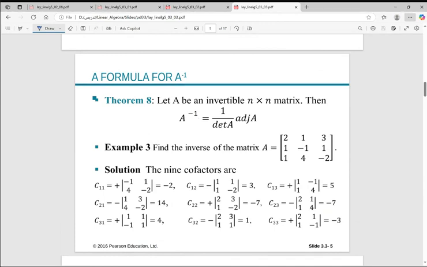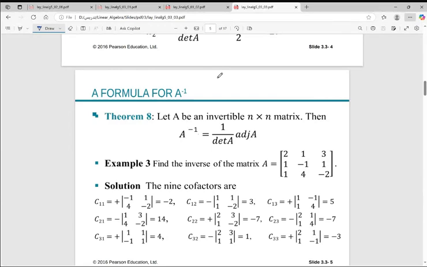What is the cofactor matrix? The cofactor matrix is a matrix C whose ij entry is Cij. So what is Cij? Can someone remember what Cij is? That's the cofactor of the ij element. One by one, please.